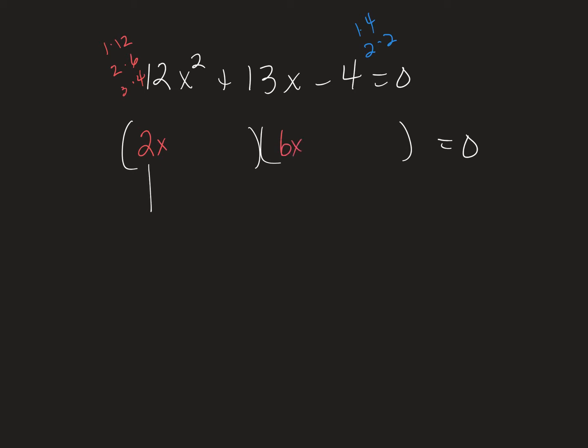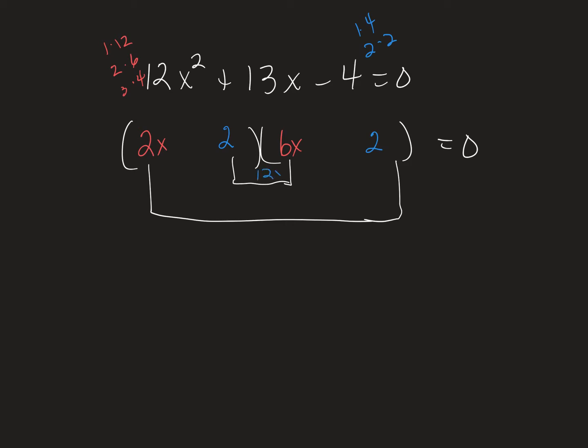I know that it's this set and this set combined give me my middle term, correct? What I'm going to do now is I'm going to pick out a set for the back. Who shall we start with, 1 and 4 or 2 and 2? Anybody have a preference? 2 and 2. It's easy because I don't have to switch it, right? So if I put a 2 here and a 2 here, the question is, does it work?